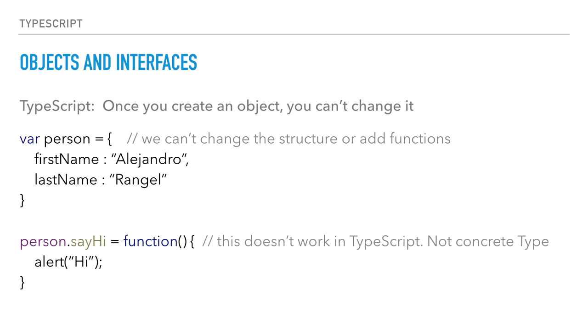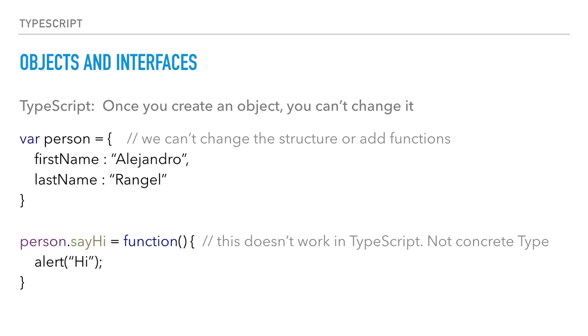So let's take a look at why it's so important to have objects, classes, and interfaces. First of all, we have been working in JavaScript with hacks to create objects, classes, and add functions to these classes for a long time.